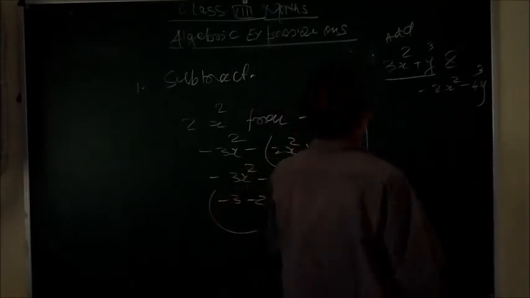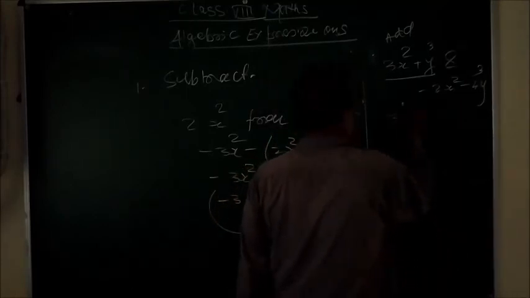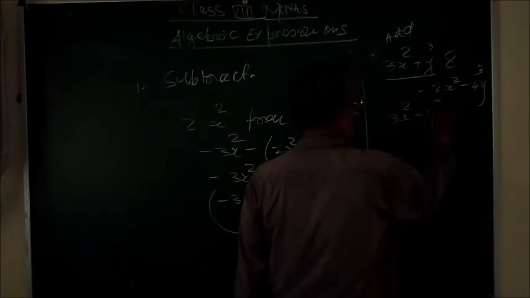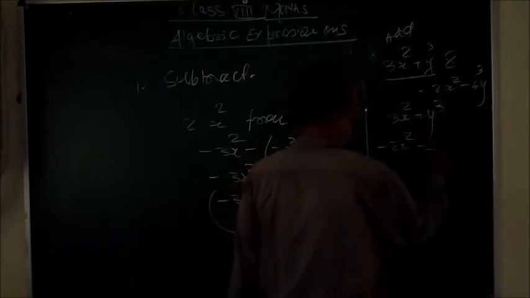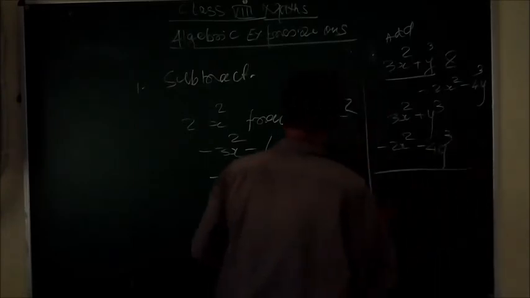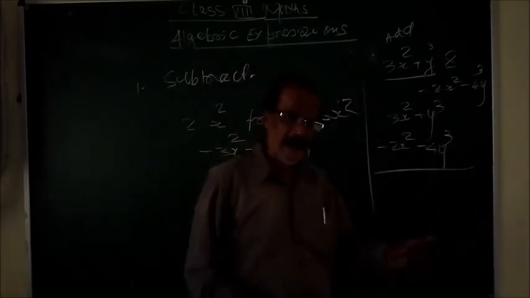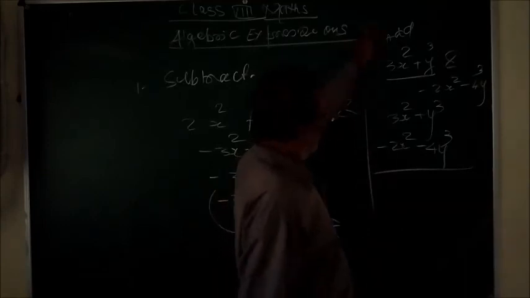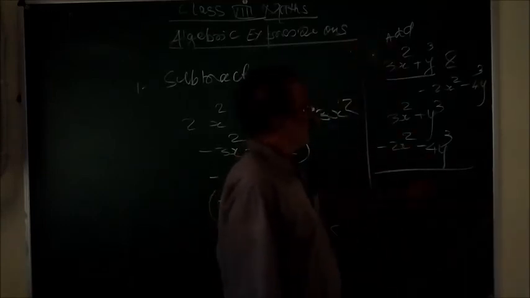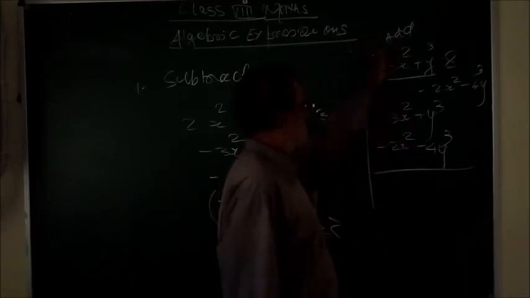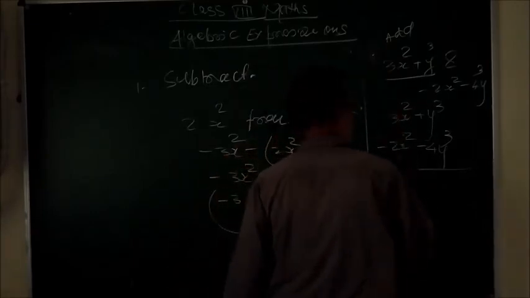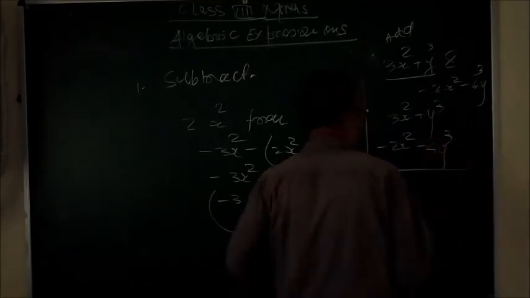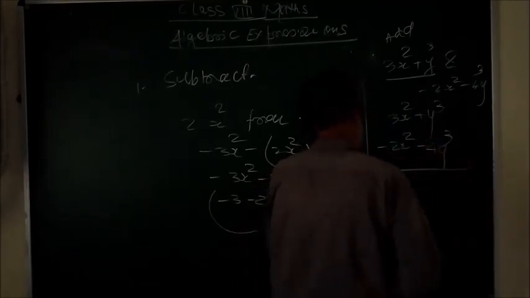This is called the column method. 3x squared plus y cube, and this is minus 2x squared minus 4y cube. This is a second method to add or subtract. You put them in the form of columns, with all the like terms together, and you simplify the coefficients, whether positive or negative.